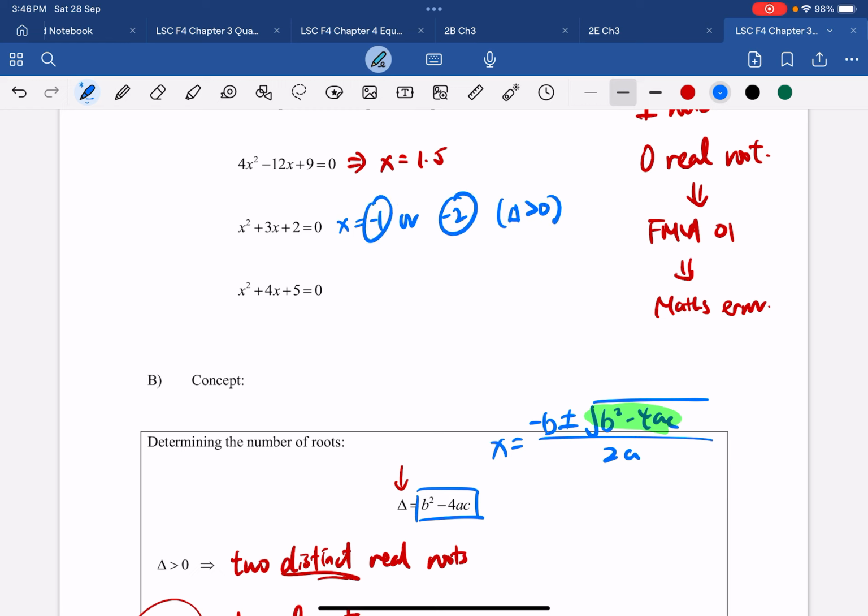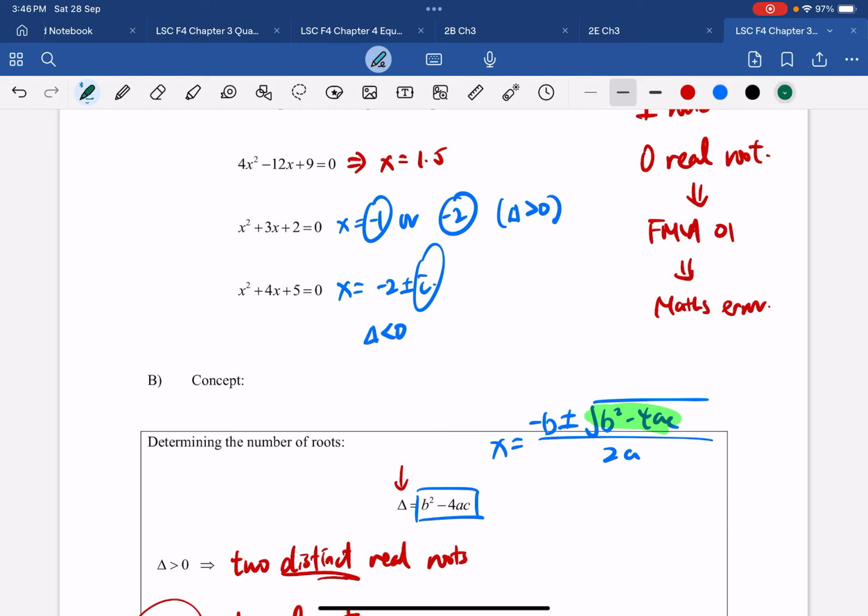And for x squared plus 4x plus 5 equals 0, when you press the program, again I want the 5th, 6th, and 7th output, and you will get the result like this. So this one has complex roots, which means delta is smaller than 0.